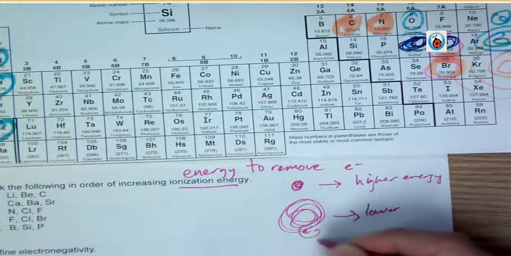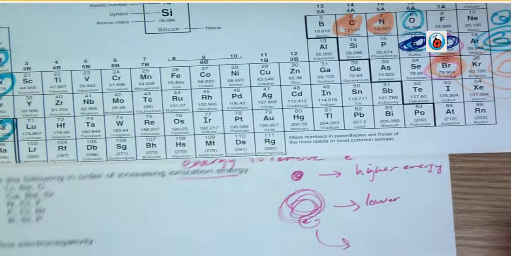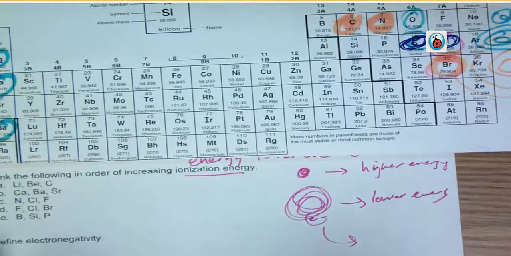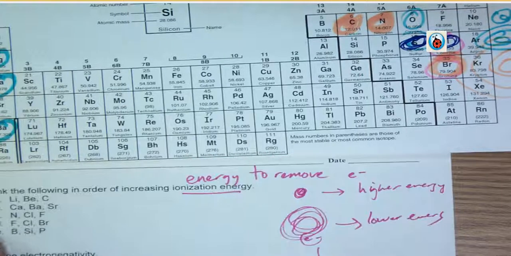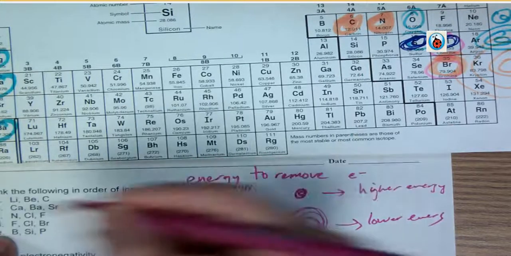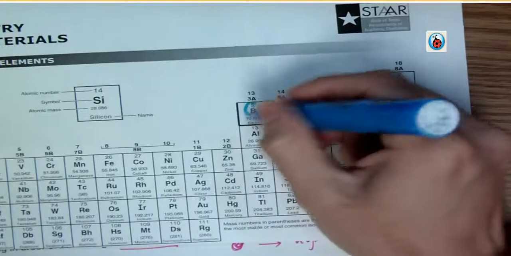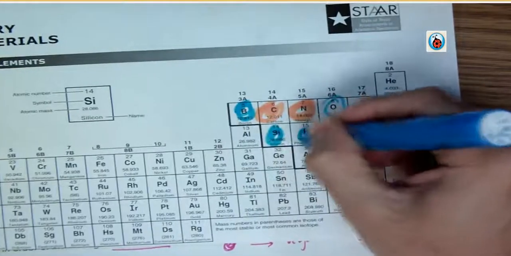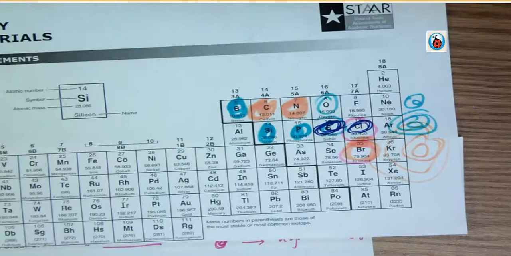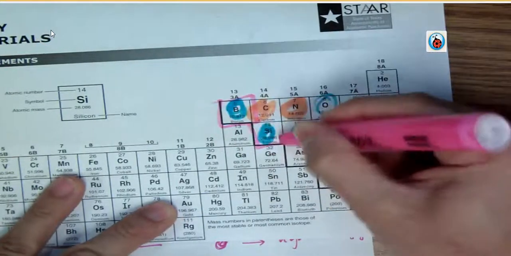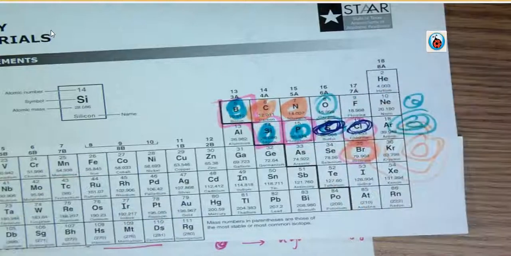You can snatch it out easily. Okay, lower energy. So, for example, let's pick E. B, Si, P. Sorry, it's a mess on this periodic table, but just pay close attention. Here's B. Here's Si. Here is P.